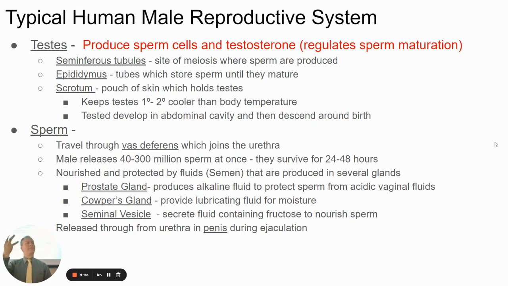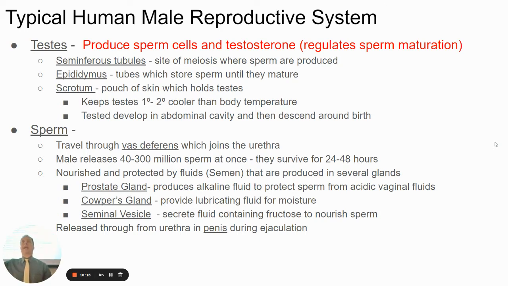And so testes are different than ovaries in that testes are held sort of outside of the body. And there's a reason for that. Sperm cell production works best at slightly cooler than body temperature. So typically our body temperature is 98.6. Sperm actually are produced and mature best a little bit below that.